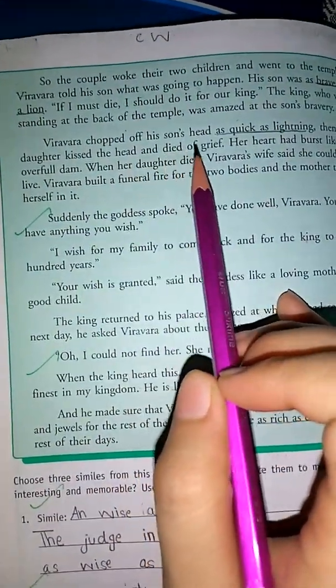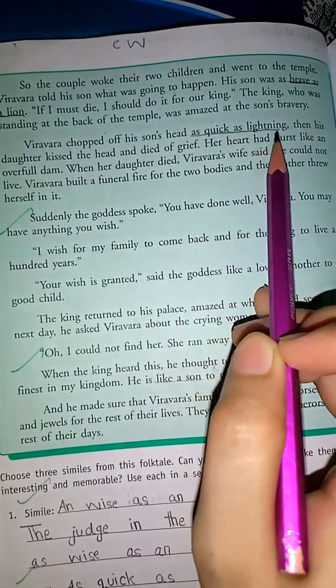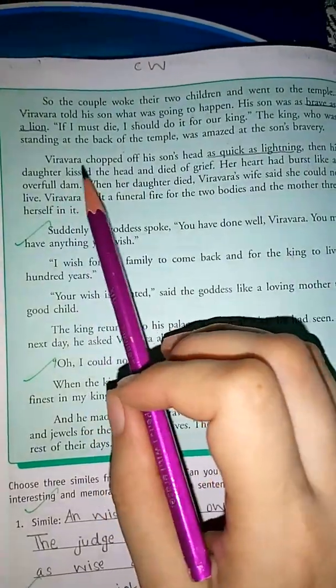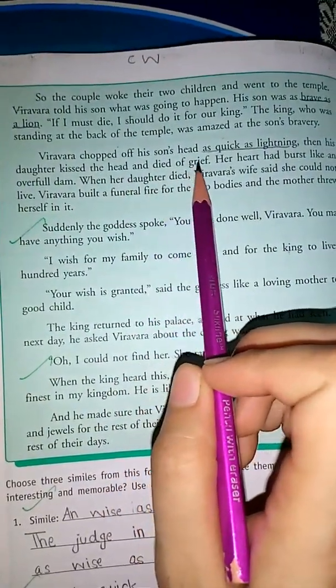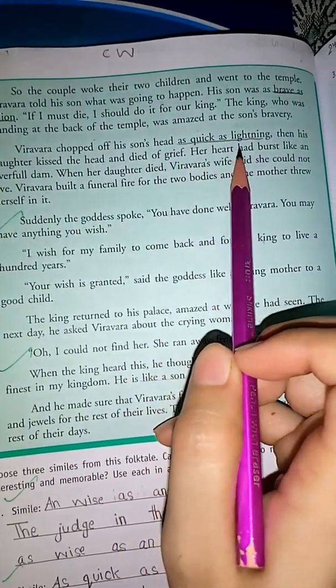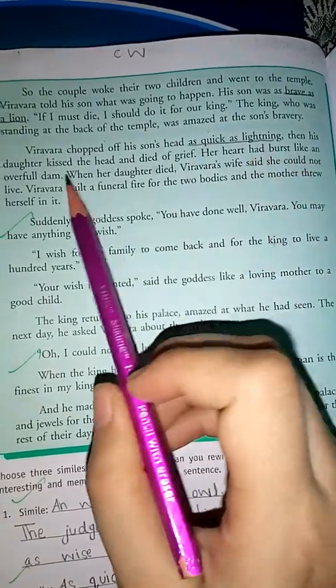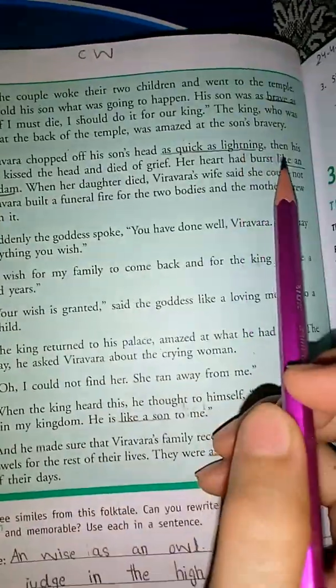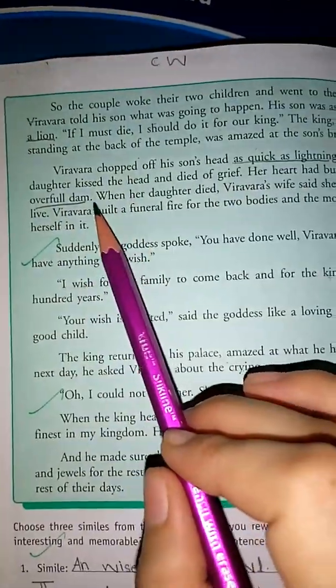Viravara chopped off his son's head as quickly as lightning. Underline it, as quickly as lightning. Then his daughter kissed the head and died of grief. Her heart had burst like an overfull dam. Underline it, like an overfull dam.